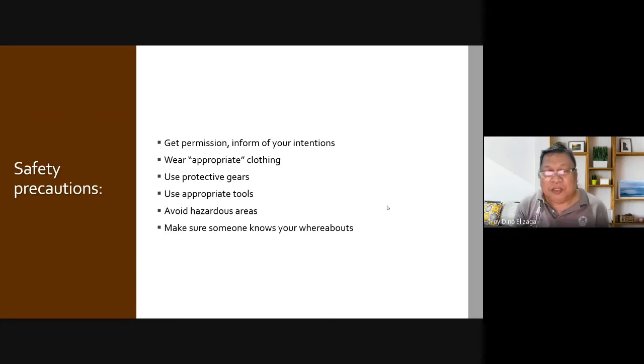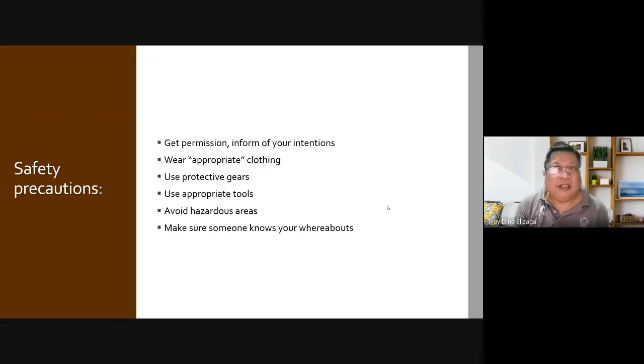You will be going to a place where you will definitely get dirty because you might have to go under the structure or above it, or in the ceilings, in the attic. In fact, it's better to bring along extra clothes. Use protective gears, the hard hat, for example, gloves if it's necessary. Use appropriate tools.